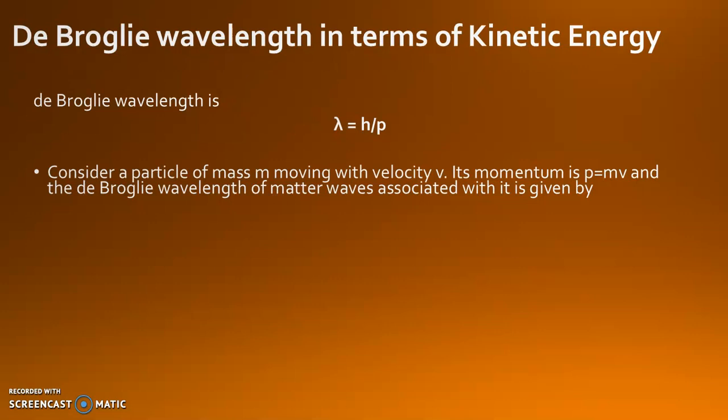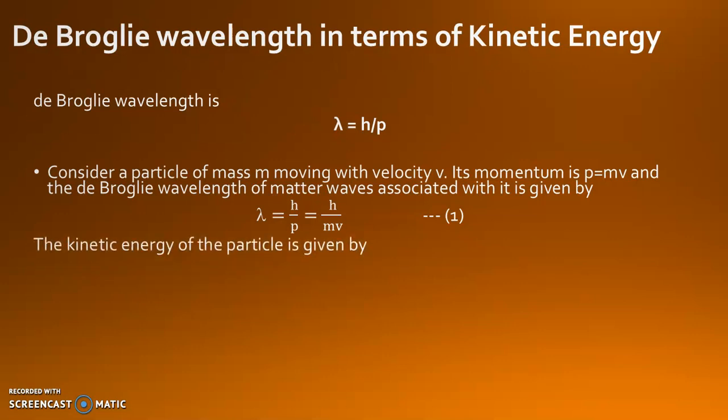Its momentum will be p is equal to mv, and the de Broglie wavelength of the matter wave associated with it is given by lambda is equal to h upon p. This p we can substitute as mass into velocity. So lambda we can also write as h upon mv. Let this be equation number 1.